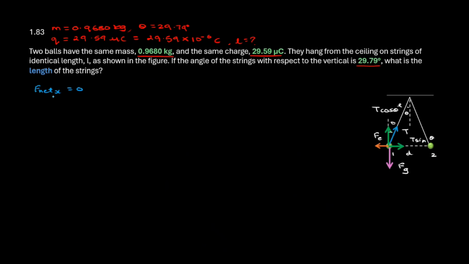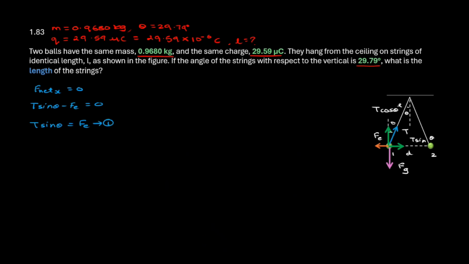So we can write F net x as T sine theta minus Fe equals 0. T sine theta here is positive because it is going to the right. Fe on the other hand is negative because it is pointed towards the left. So you can move Fe to the other side and we get T sine theta equals Fe. I will call this equation 1.